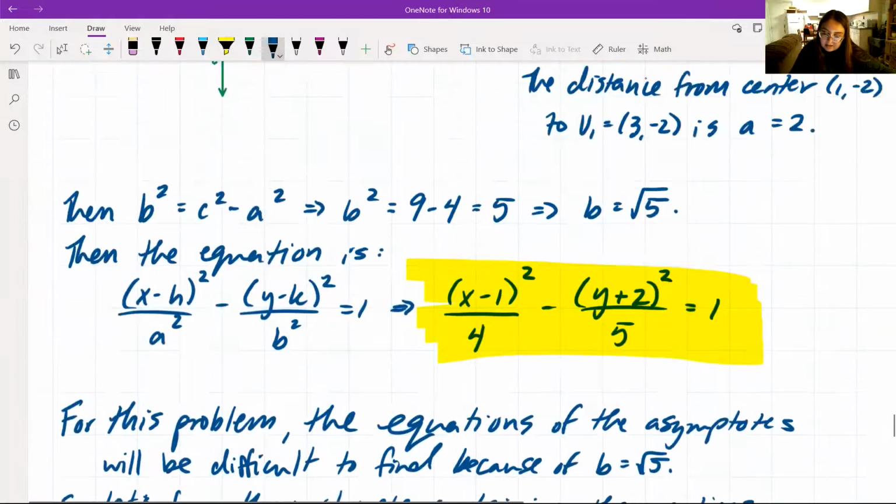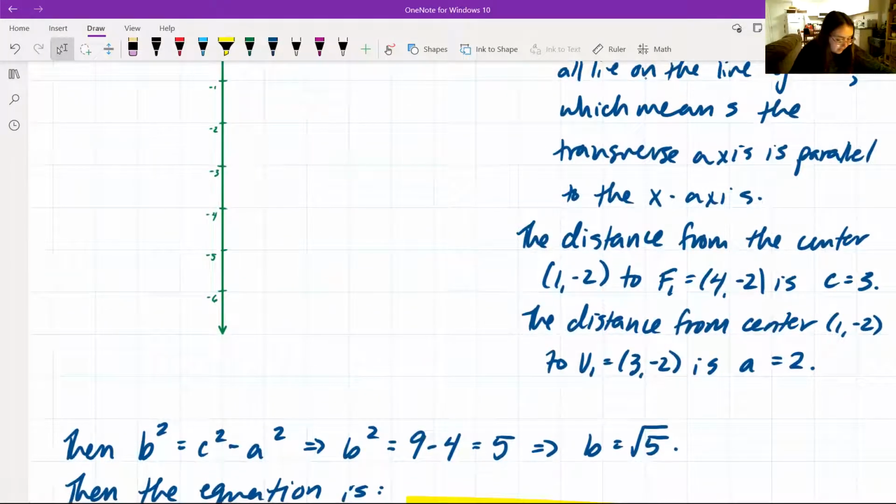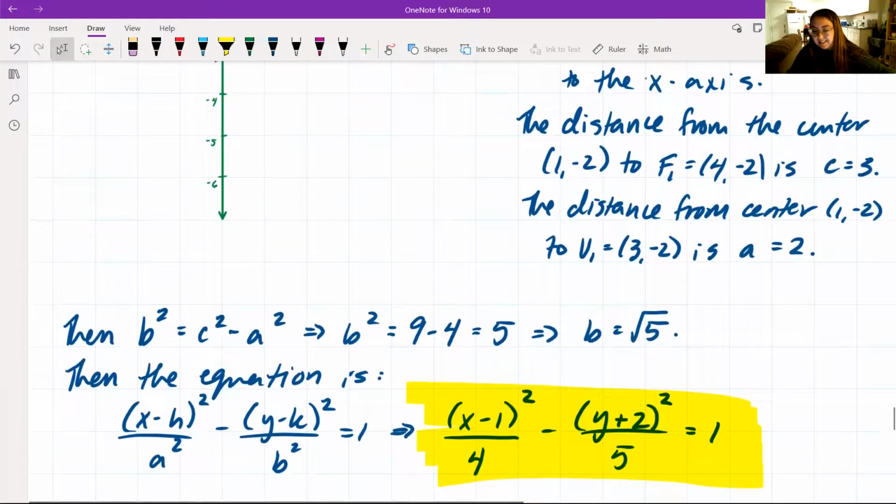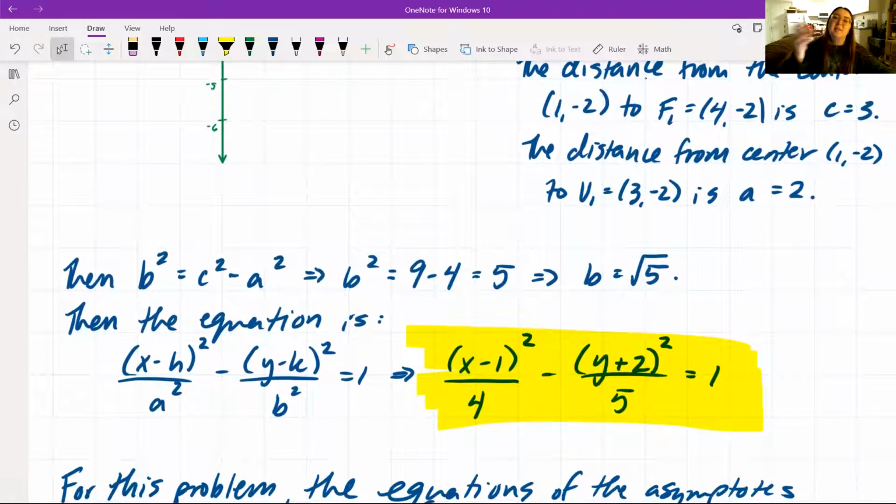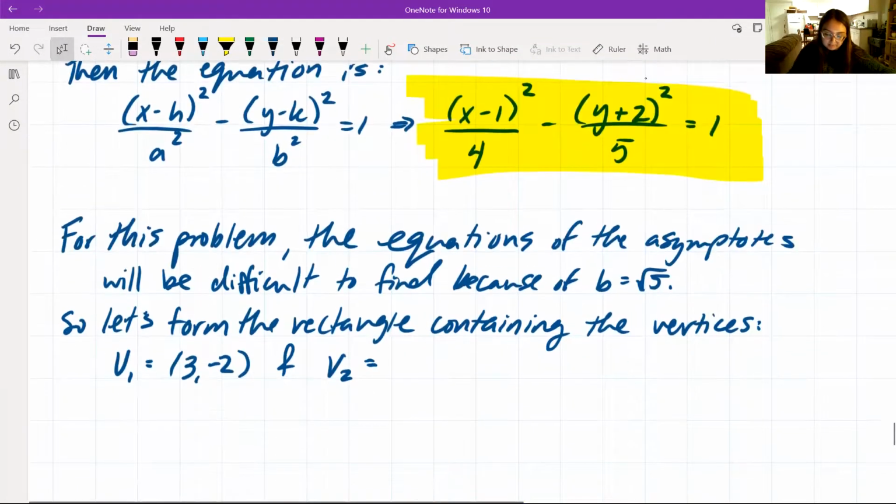V2, we know that the distance is going to end up being, V1 there, a equals 2. The distance is 2, so that means that since our center is at 1, -2, we go back 2 from 1. This gives us -1, -2. There we go.